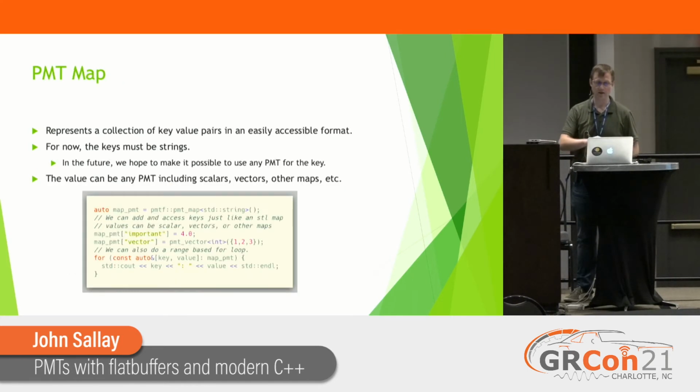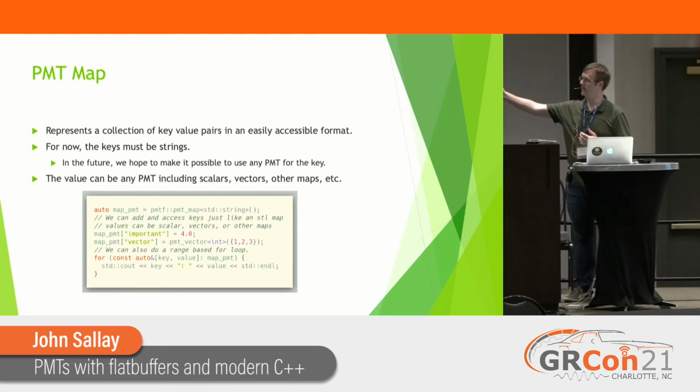The next one is a PMT map. This is a collection of key-value pairs, like a dictionary in Python. For now, all of the keys have to be strings. I have a goal to relax that in the future so that you could have any PMT in there, but there's some effort that needs to go into that. The value can be any PMT: scalars, vectors, other maps.